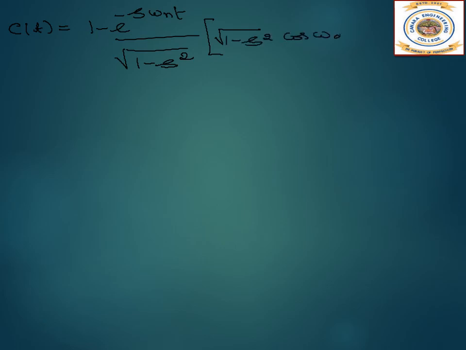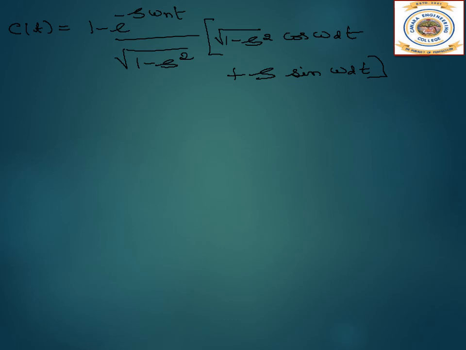So proceeding further, C of t is equal to 1 minus e to the power minus zeta omega n t. Let us take root of 1 minus zeta square common, so here into root of 1 minus zeta square cos omega d t plus zeta sine omega d t.